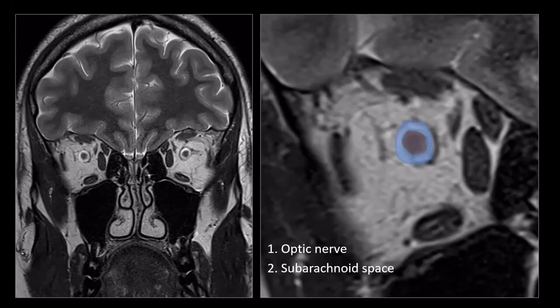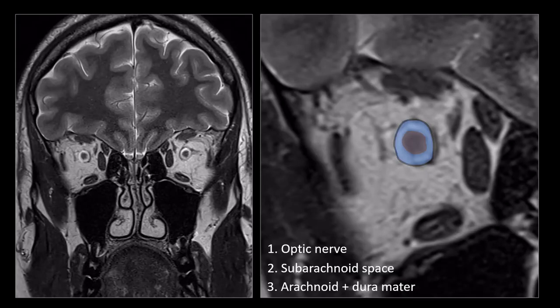So it is surrounded by a subarachnoid space, and the T2 hypointense ring surrounding the subarachnoid space consists of arachnoid and dura mater. So the optic nerve is surrounded by meninges, basically like we see in the brain, and that makes sense because the optic nerve can be considered an extension of the brain.